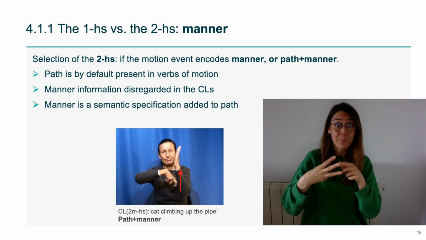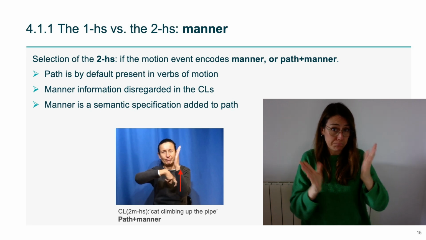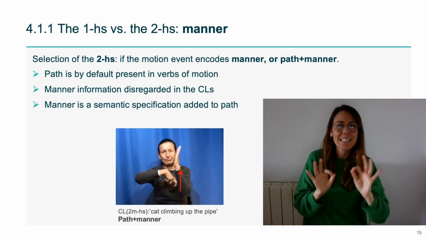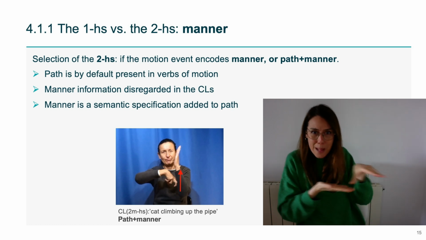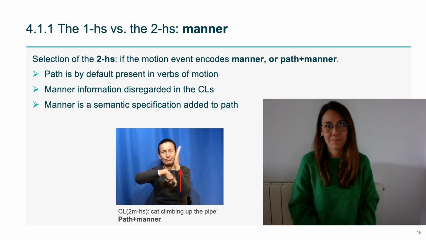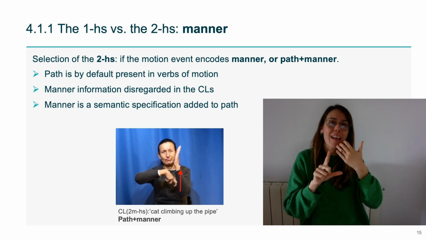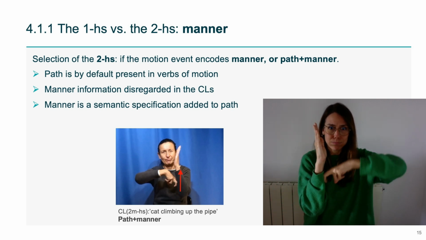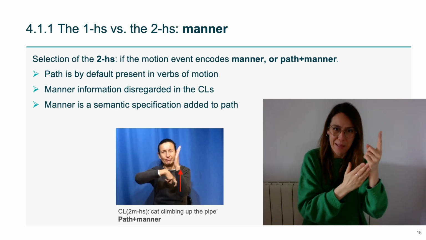The first one is that path is by default always present in verbs of motion. And if manner alone needs to be expressed as an information, then it's disregarded when using classifier constructions. But in general, manner is a semantic specification that can be added to path when using classifier constructions.